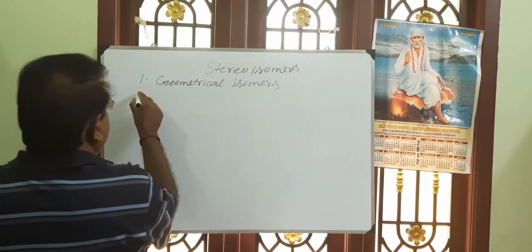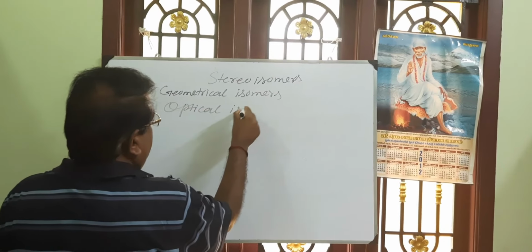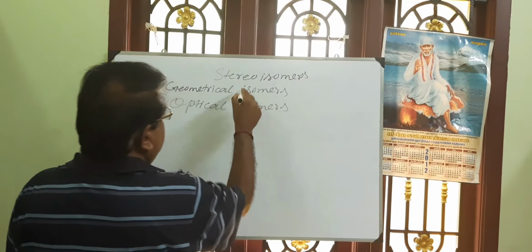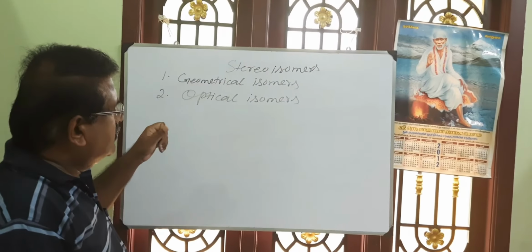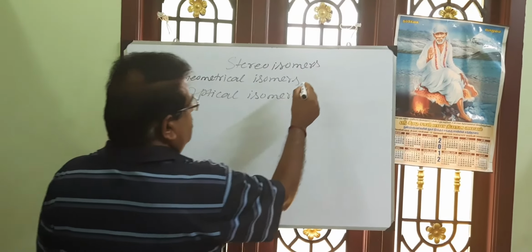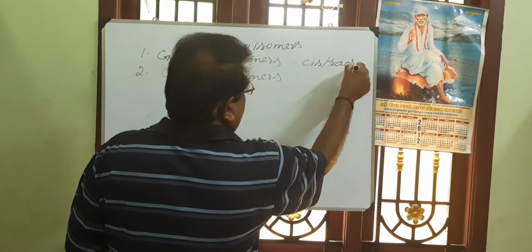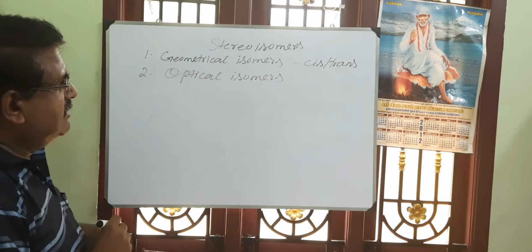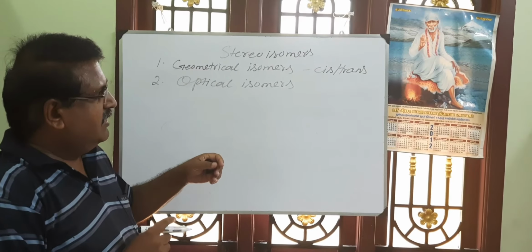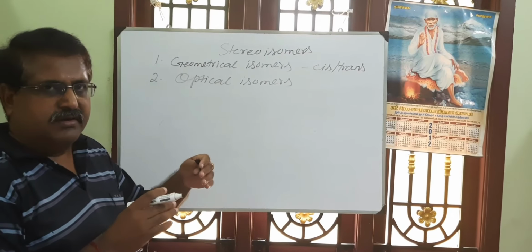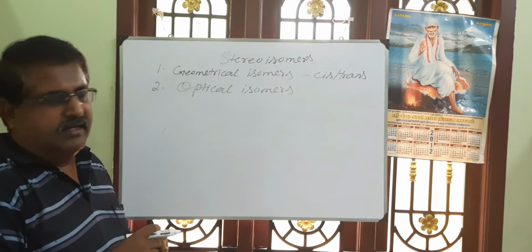Now first let's discuss geometrical isomers. The geometrical isomers are cis-trans isomers of a molecule. The cis-trans form generally exists because of restrictions of single bond or double bond rotation in the molecules.